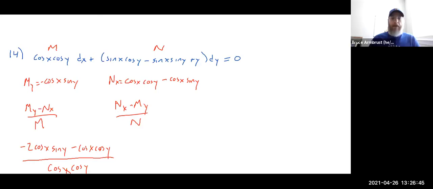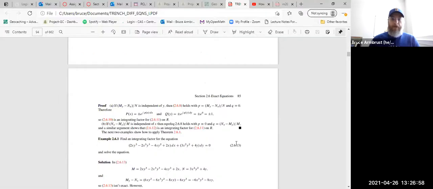Okay, so if we go back, let me go to the part in the book. So we're doing my minus nx divided by n right now, and it says if that's independent of y, then we can do what we're doing.